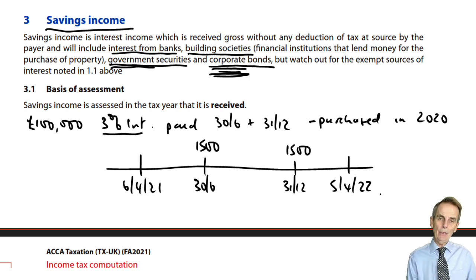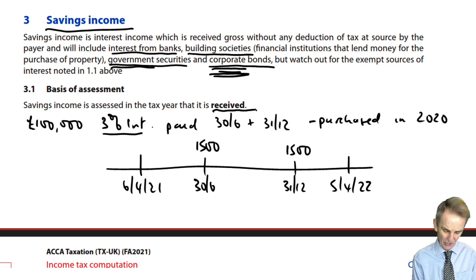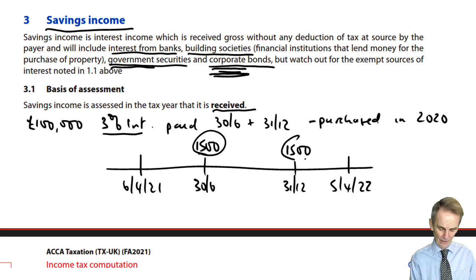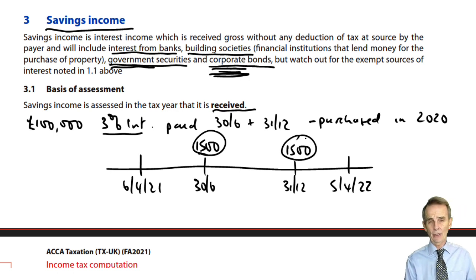So what would have happened in our income tax computation? We'd have worked on the normal received basis of assessment. So we'd have £1,500 received at 30th of June, £1,500 received at 31st of December, and £3,000 worth of interest income, i.e. savings income, would be included within the income tax computation of the taxpayer.